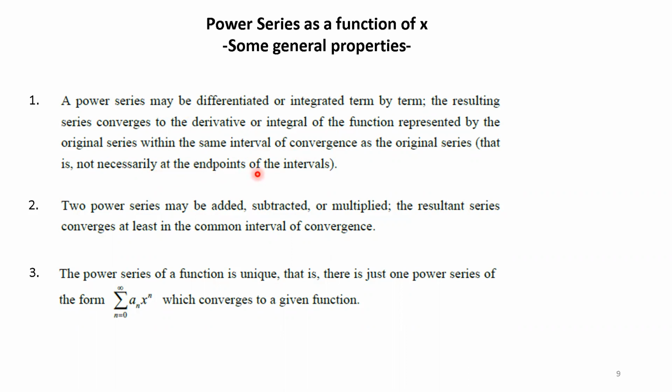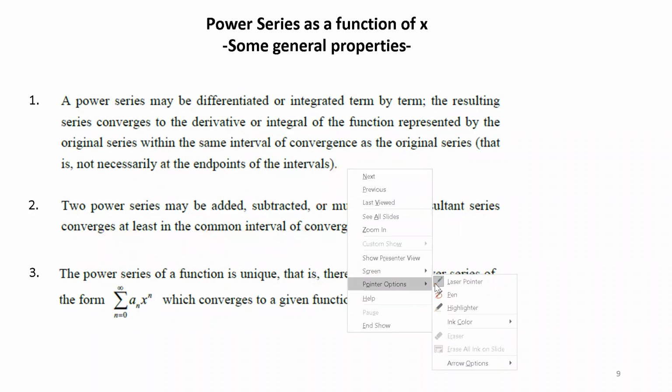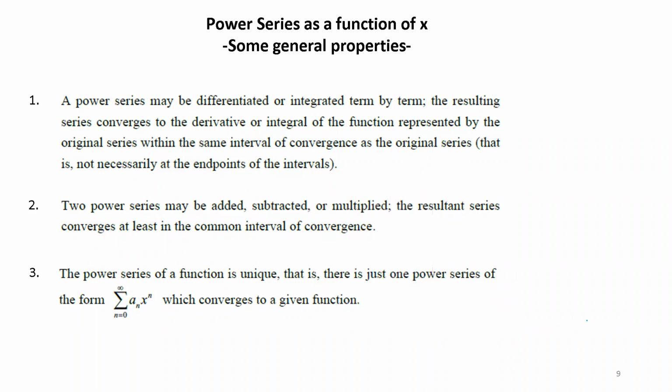Also, if you have two power series, and you add them together, subtract them, or multiply them together term by term, the resulting series will converge at least in the common interval of convergence. Suppose I have a first power series which converges within this range, and another series which converges within, let's say, this range.